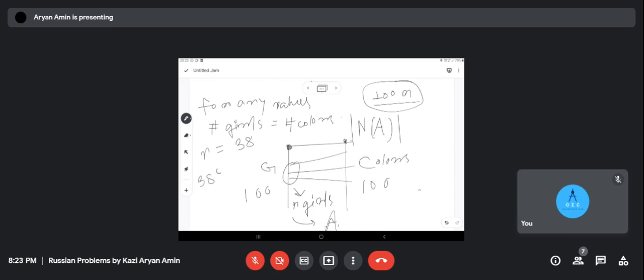You have a total of 3800 balls. If the neighborhood of A was less than 38, let's say 37, then on average you would have more than 100 balls, so some color would have more than 100 balls of that same color, which would not be possible.